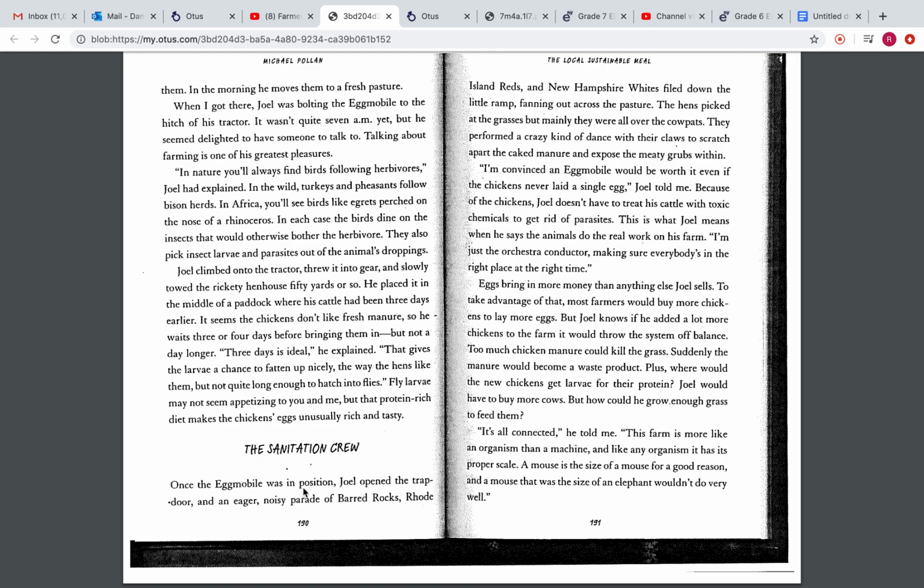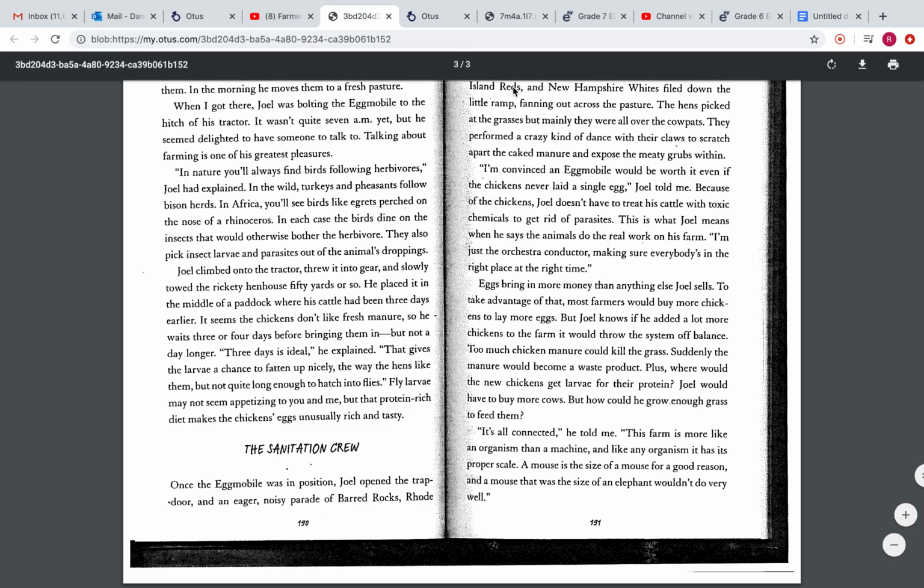Once the Eggmobile was in position, Joelle opened the trapdoor, and an eager, noisy parade of Barred Rocks, Rhode Island Reds, and New Hampshire Whites filed down the little ramp, fanning out across the pasture. The hens picked at the grasses, but mainly they were all over the cow pats. They performed a crazy kind of dance with their claws to scratch apart the caked manure and expose the meaty grubs within.